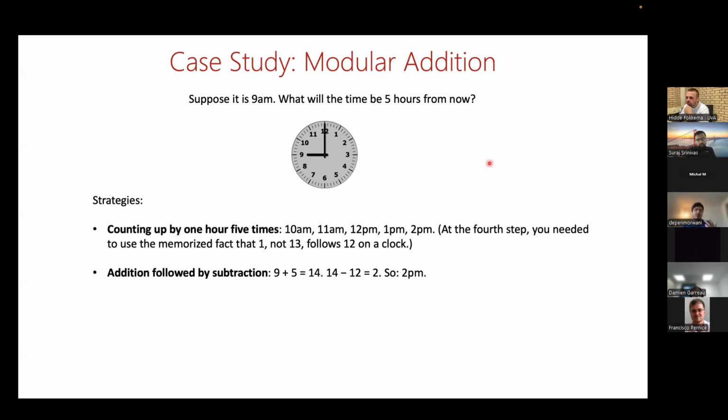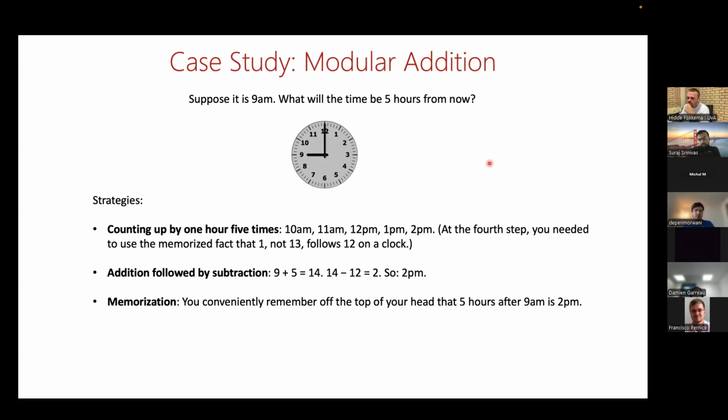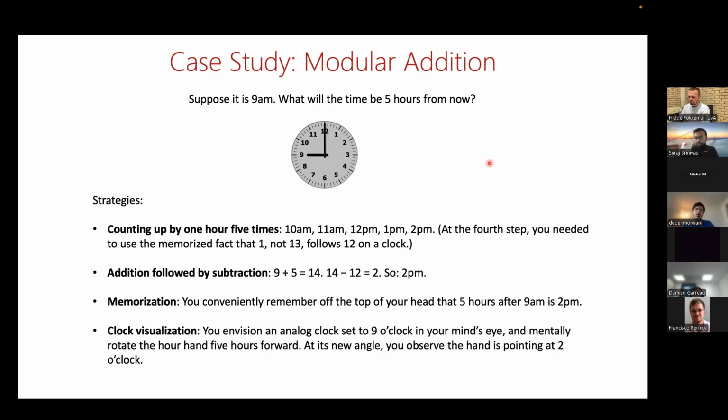Or we can do an addition followed by a subtraction, where we know that if the number is greater than 12, we need to subtract 12. We can memorize the whole thing: if I'm provided two inputs, I can have a memory table and provide the answers. Or there could be something like what the clock really does.